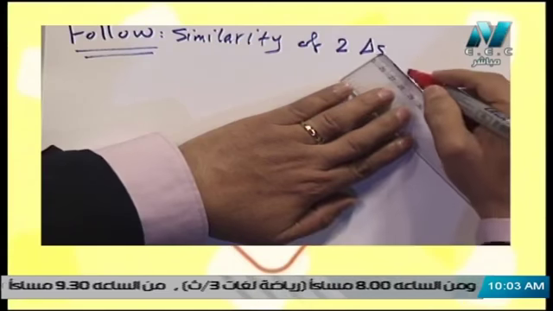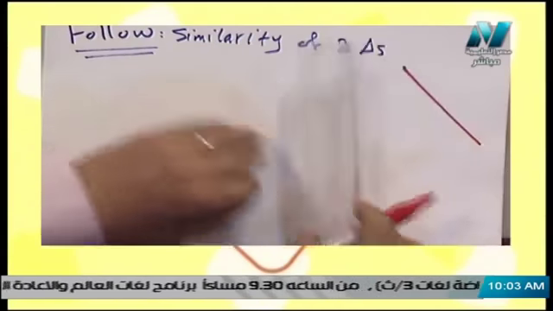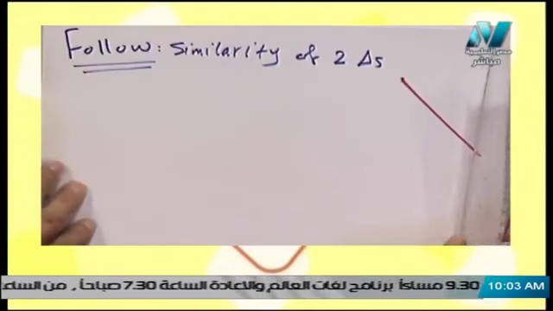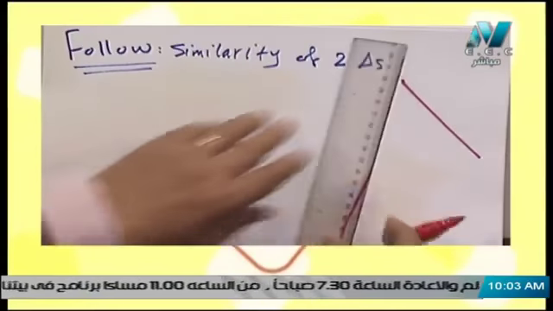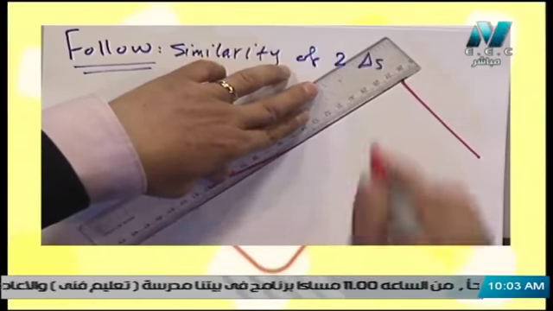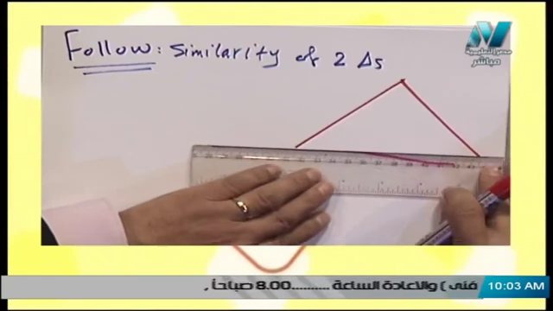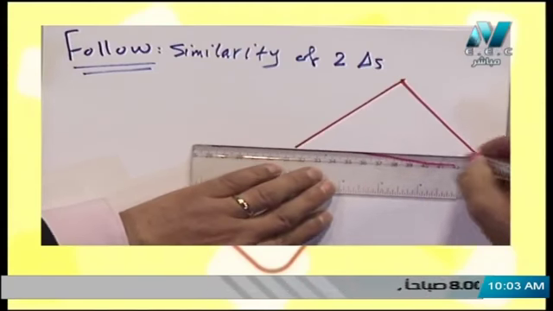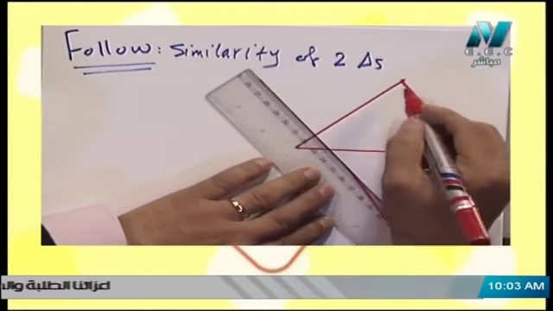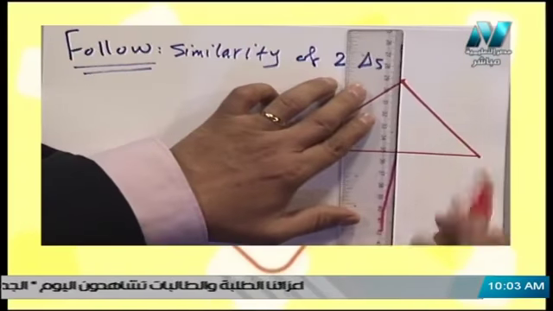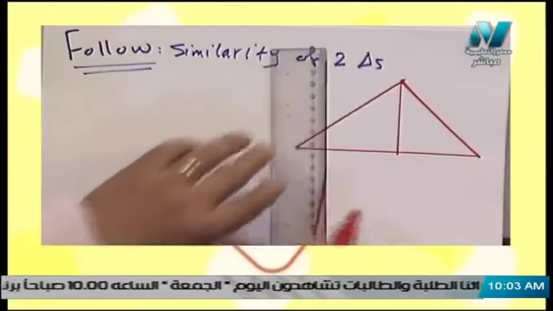Okay? Let's concentrate here. If we draw a right angle triangle like that, we have here a right angle triangle, and we will draw perpendicular from right angle.